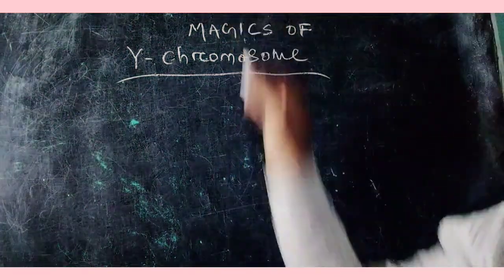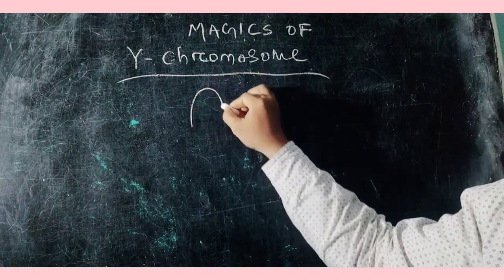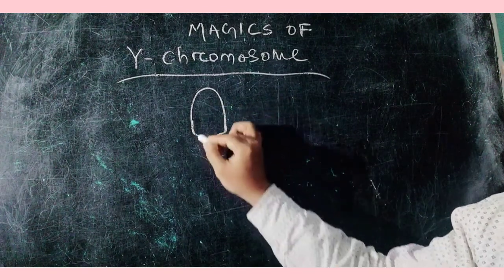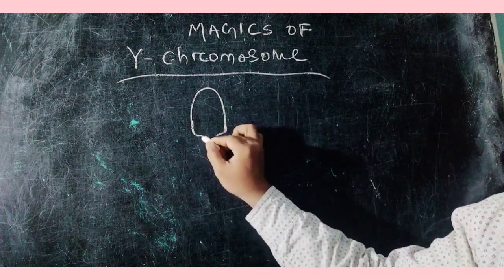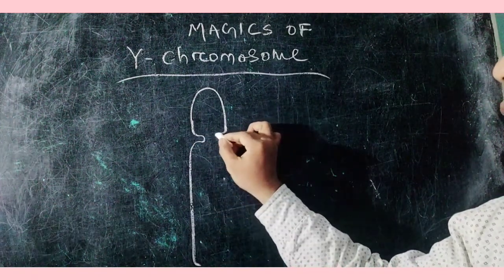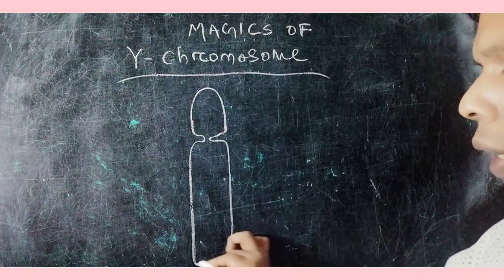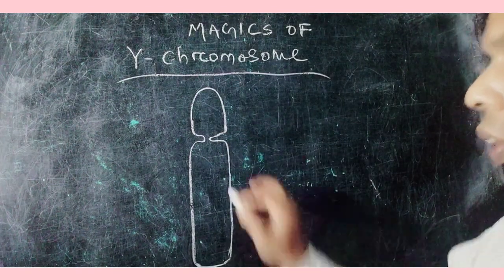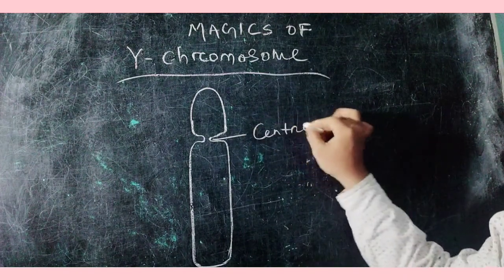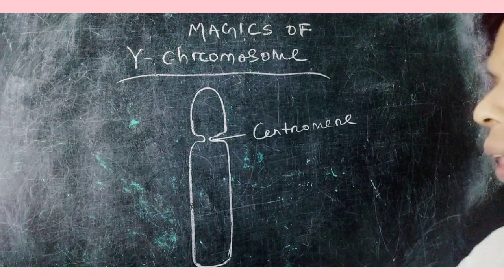This Y chromosome at first consists of a short arm along with another long arm. This short arm and long arm are connected by the centromere. This is the centromere zone of the Y chromosome. Okay.